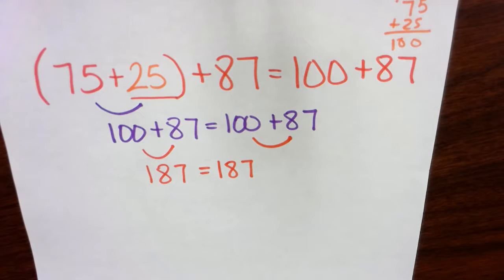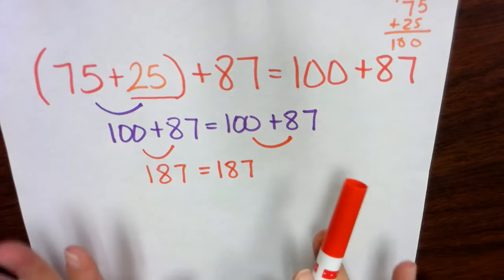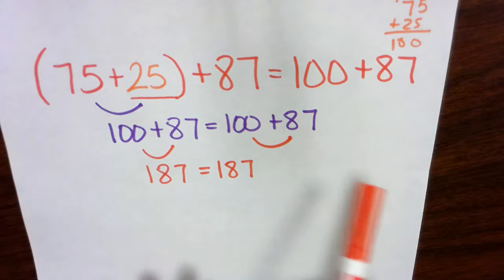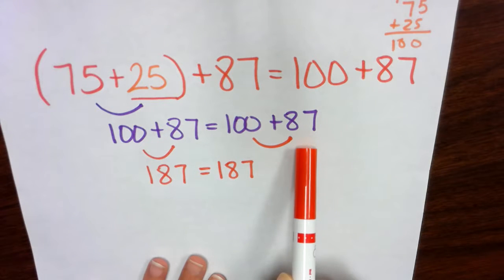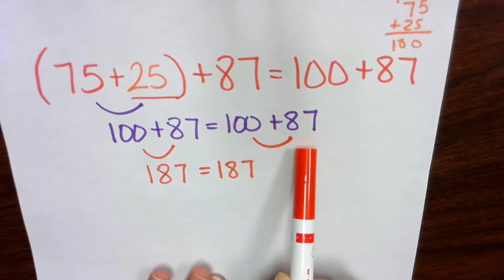And so when you break it down and you have it look this way, it went from being an associative property to being a commutative property.